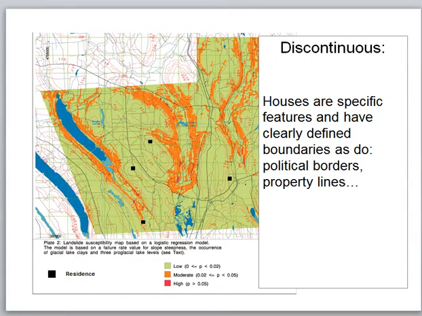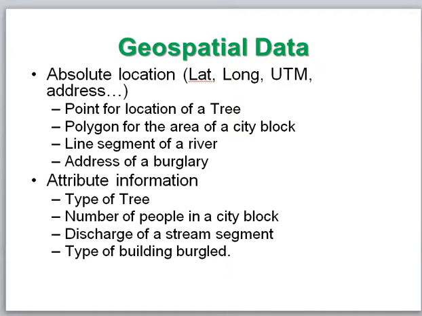So remember that in order to map the data, we have to have absolute location associated with that data. If I wanted to map the location of different trees, so let's say I'm looking at tree canopy, I need a point to locate that tree. I could use a polygon then to identify a city block, or polylines to identify rivers.